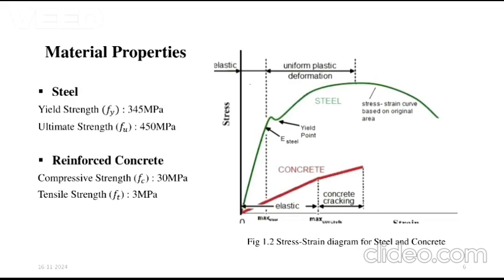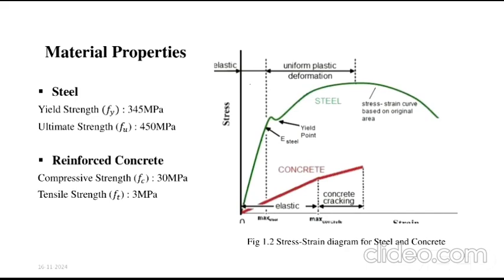Material properties. The SPRC composite shear walls mainly contain two materials, one of them is steel and second is concrete. In SPRC shear wall, high yield strength bars are used, and the yield strength of steel is 345 megapascal and ultimate strength is 450 megapascal.